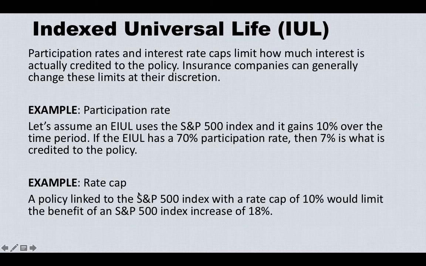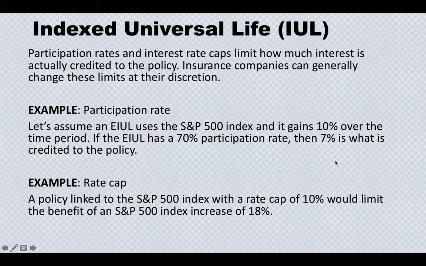And then the rate cap. A policy linked to the S&P with a rate cap of 10% would limit the benefit of the S&P index increase. I hope I understand this right. Even if the index went up 18%, they have a cap, so you're capped at 10%, and then the participation rate reduces it to 7%.